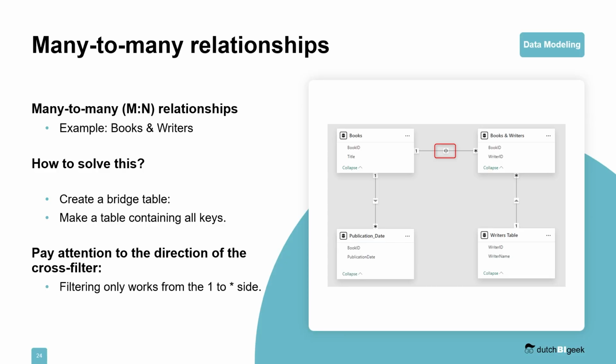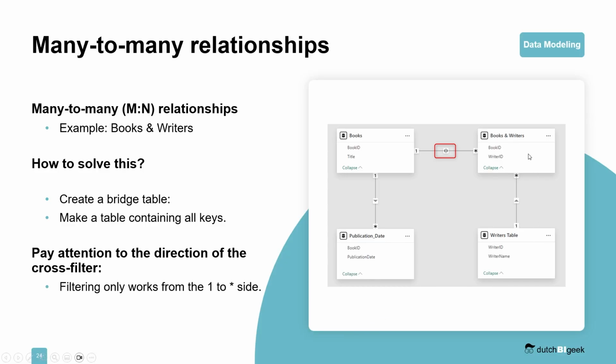In the bridge table, we have the book ID and the writer's ID, and every possible combination between those IDs. From the writer's table, we reach the bridge table. Normally, if we have a normal one-to-many relationship, and the filter direction is also one-to-many, then the bridge table is the last table we can reach from the writer's table.